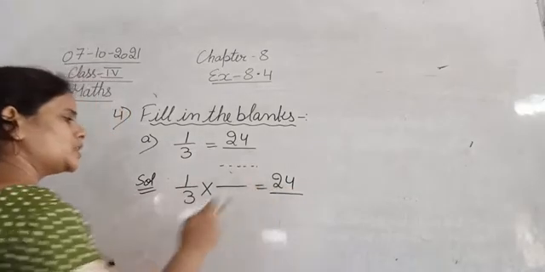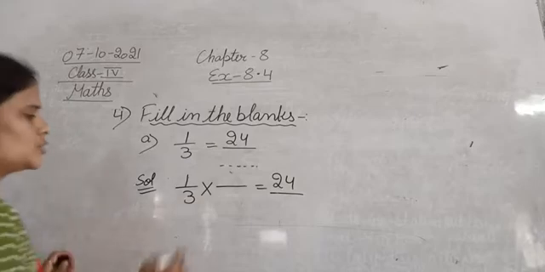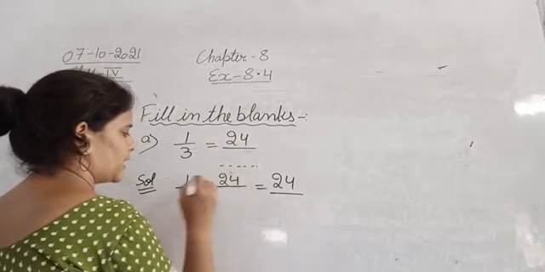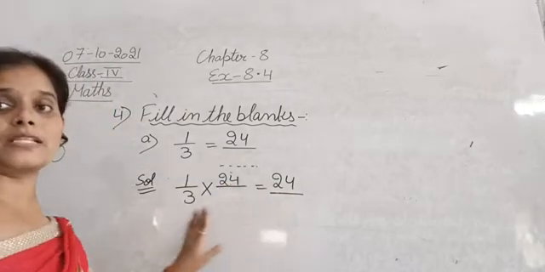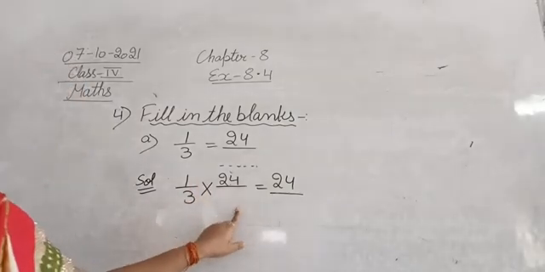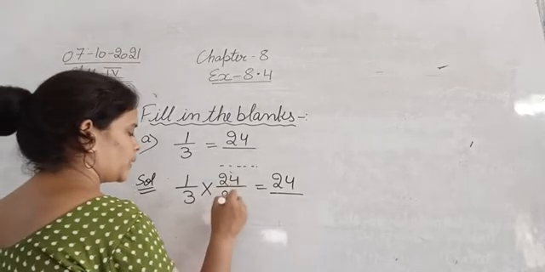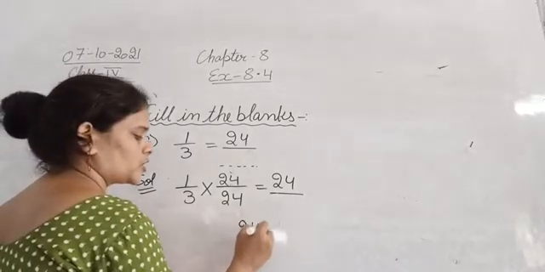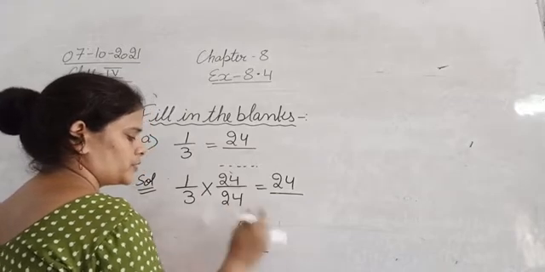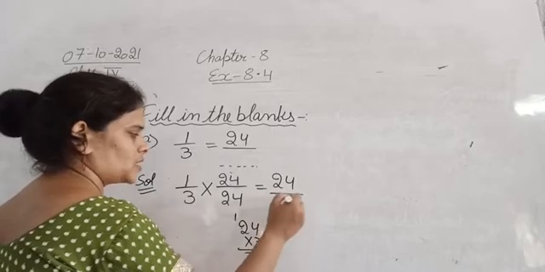So that means 1 is converted into 24. 1 को हमने 24 में convert किया. How? Okay, so 1 multiplied with 24. If you multiply 1 with 24, you will get 24. And they both are equivalent fractions. So that means if the numerator is multiplied with 24, the denominator will also be multiplied with 24. So 3 multiplied by 24, that is 72. Or you can check the calculation: 3 4s are 12, 3 2s are 6 plus 1 is 7, that is 72.